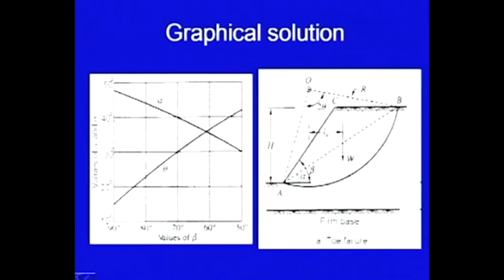Once you get this theta and alpha, you can very easily draw this triangle. You draw a line at an angle alpha, get point B, and then this angle is 2 theta, and you can draw this triangle and get the center, and then the rest of the analysis can be done very easily.